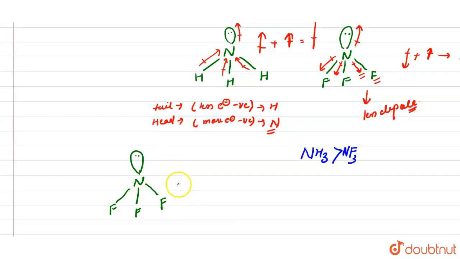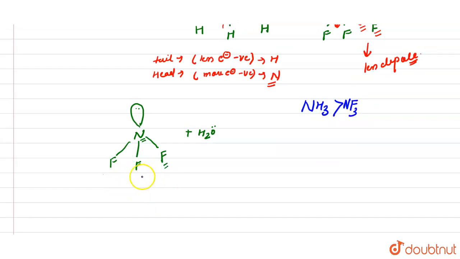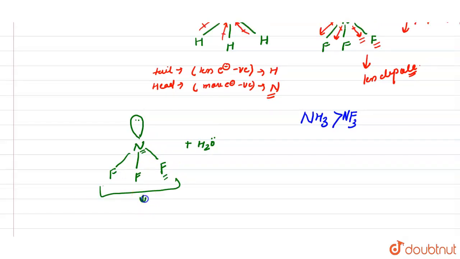So when water attacks, when oxygen wants to donate its lone pair, both nitrogen and fluorine do not have a d orbital, so due to the absence of d orbital, it will not accept the lone pair of electrons. That's why NF3 cannot be hydrolyzed.